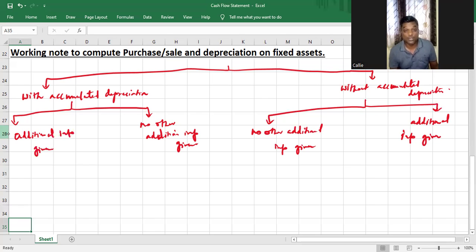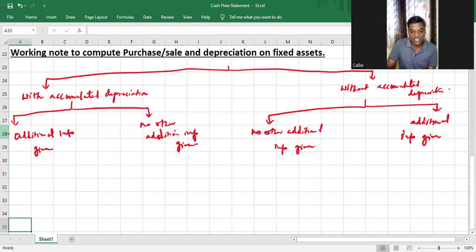Do not get scared or confused about this. When we are doing the 6 mark question, I will relate to what I'm telling you here. For now, you can just consider that the questions might or might not have additional information with respect to fixed assets. And depending on whether there is additional information or not, the way we prepare the working note will change.